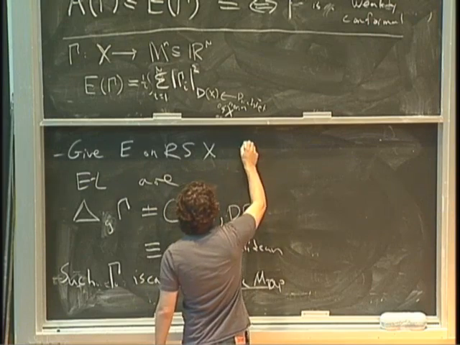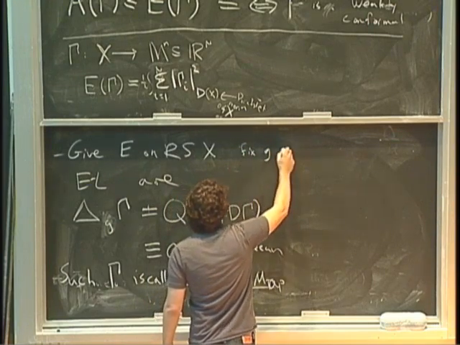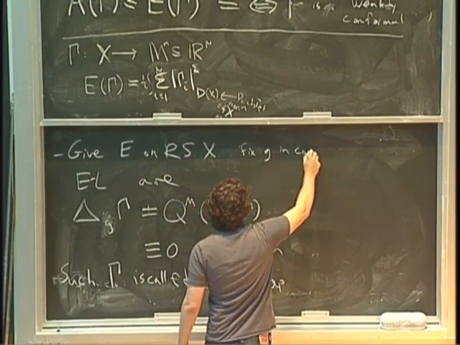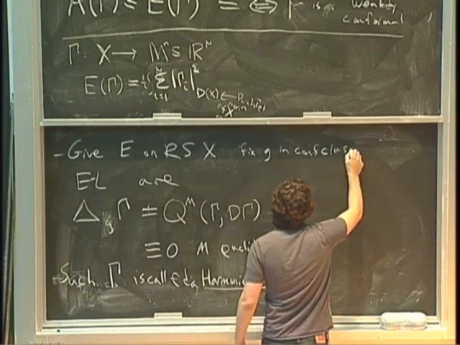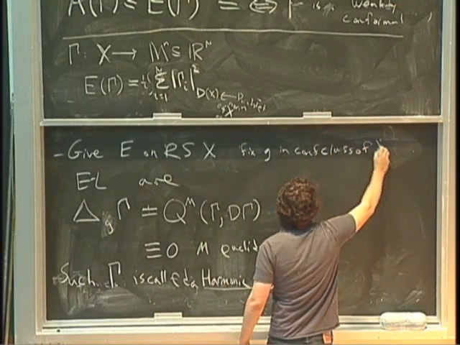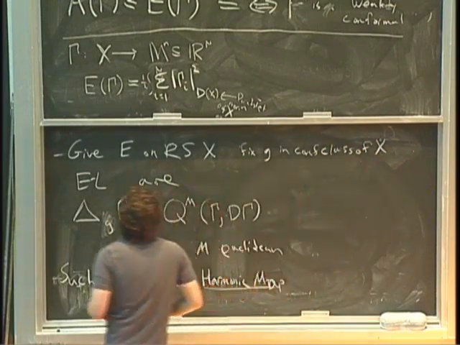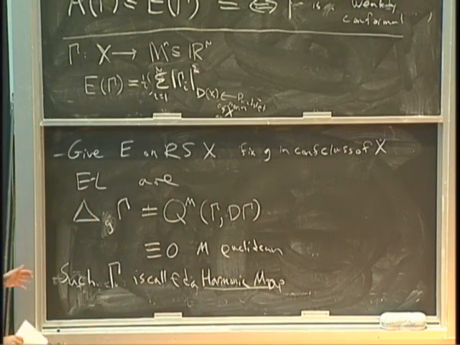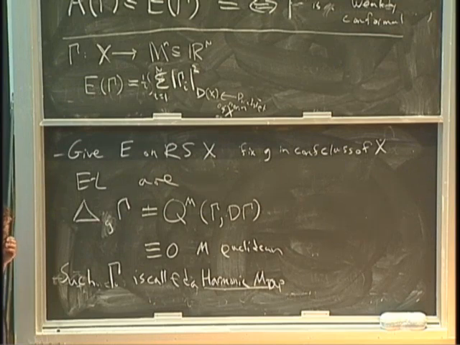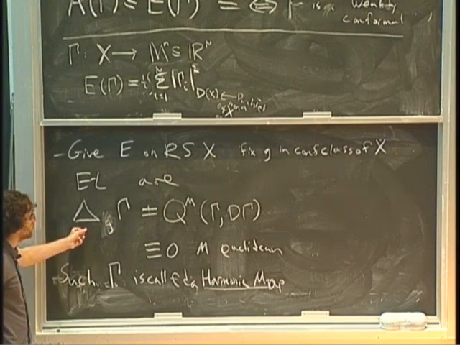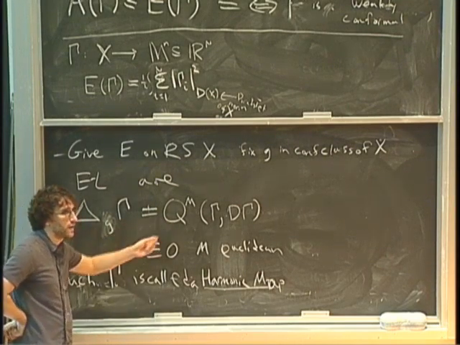So fix a metric in the conformal class. Right, so the functional is invariant under a conformal change of metric, but I'm a little worried about the structure of the nonlinearity.